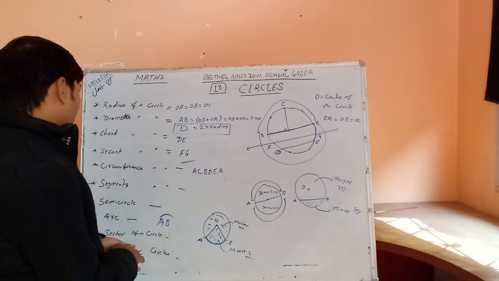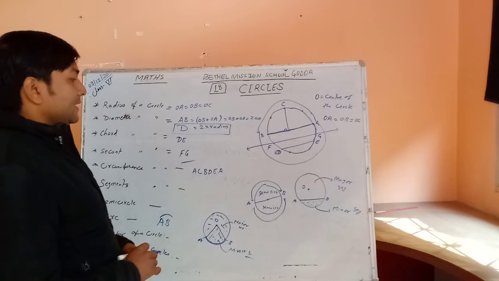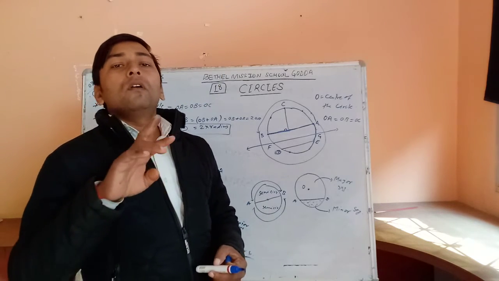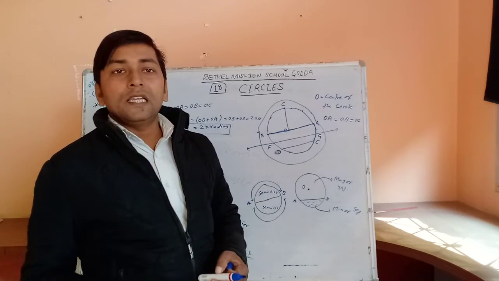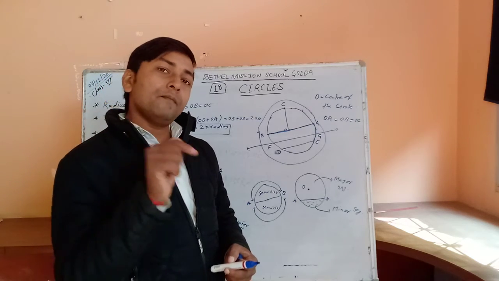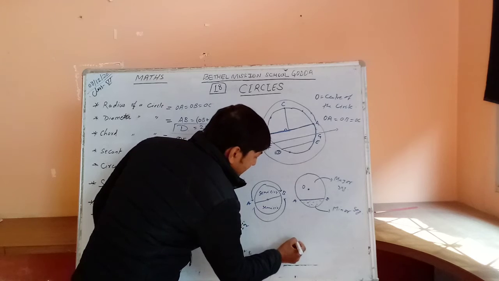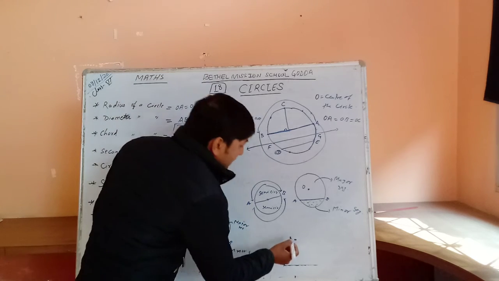Now, concentric circles. What are concentric circles? Two or more circles having the same center. This is a center.